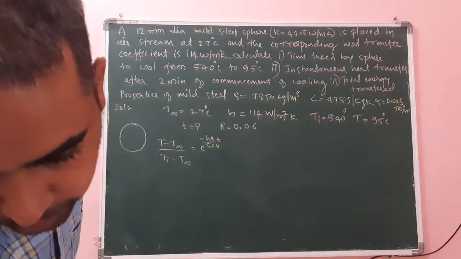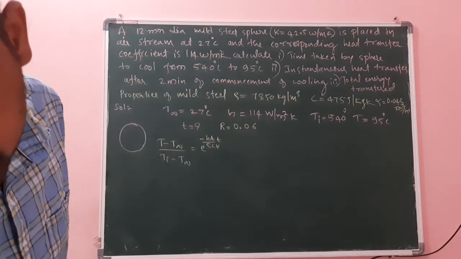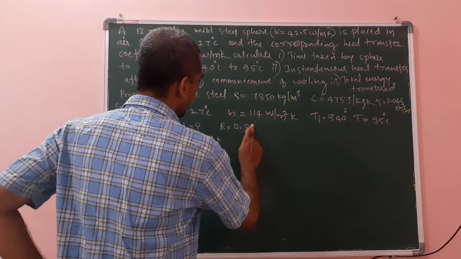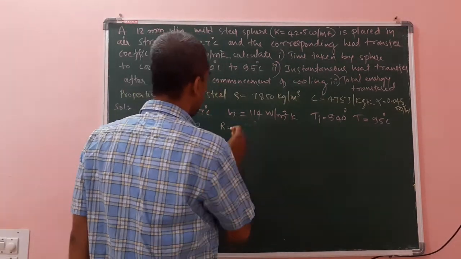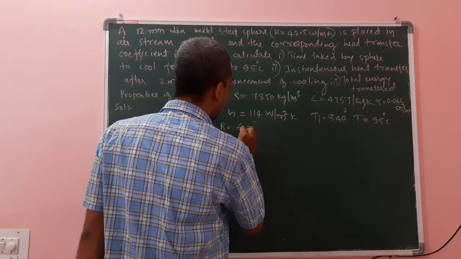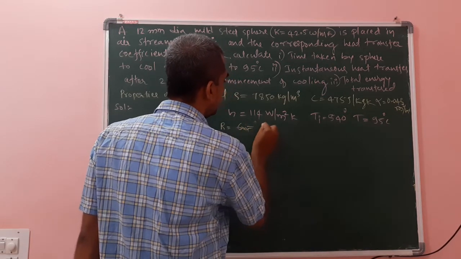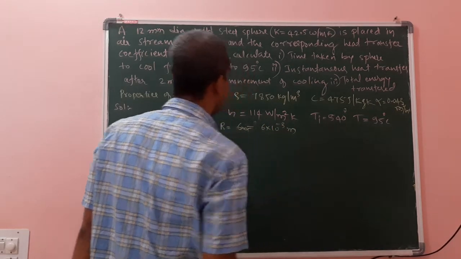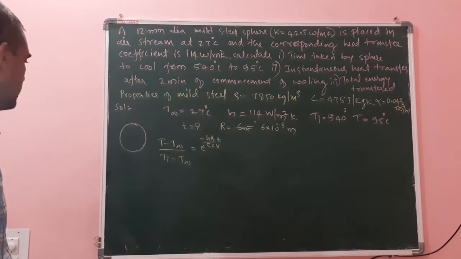The diameter is given, 12 into 10 raised to minus 3, so the radius of the sphere is 6 mm. If you convert it into meters, it will be 6 into 10 raised to minus 3 meter.